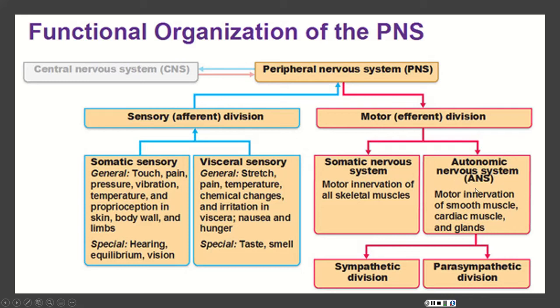And the autonomic nervous system is, again, further broken down into two divisions: the sympathetic nervous system, or the SNS, and the parasympathetic nervous system, the PNS. And this is the more common usage for that abbreviation, PNS.